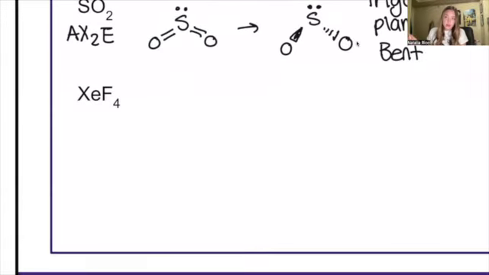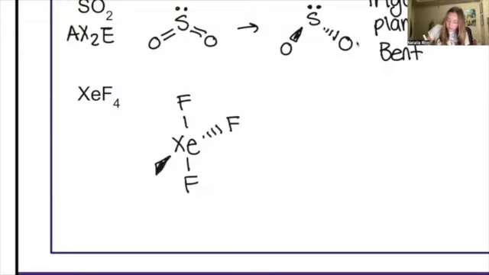So next we'll draw xenon tetrafluoride, XeF4. Now, I'm just going to draw it as VSEPR, with the lone pairs. Now, we'll do our notation.